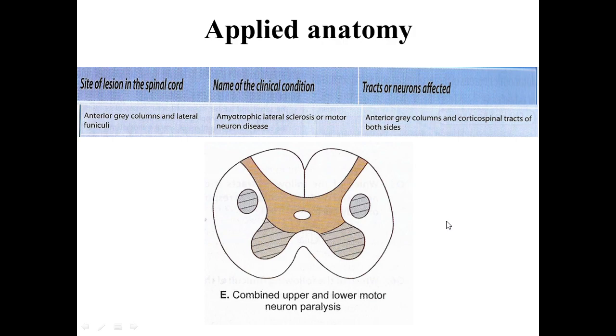Then lesion of the anterior gray column and the pyramidal tracts in the lateral funiculus will lead to upper motor neuron type as well as lower motor neuron type of paralysis, as there is damage to the pyramidal tract and the anterior horn cells. This condition is seen in amyotrophic lateral sclerosis or motor neuron disease.